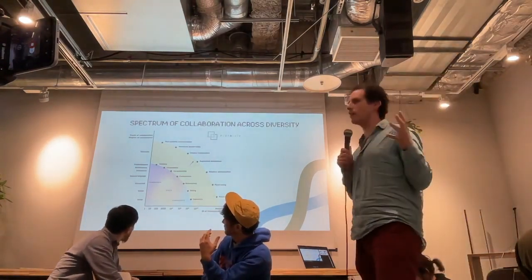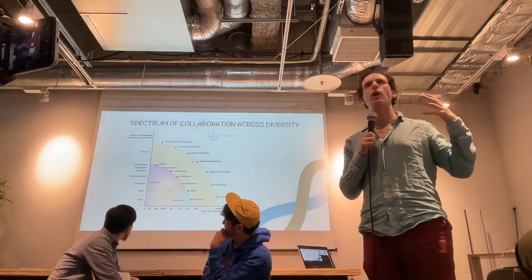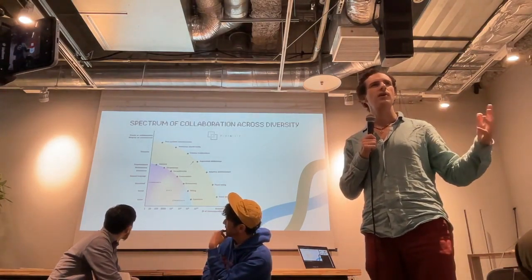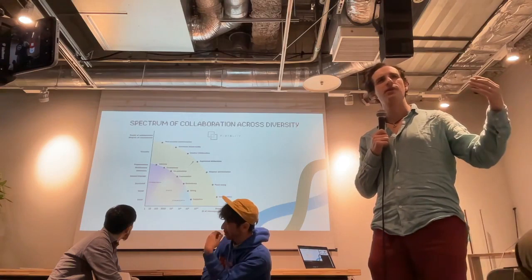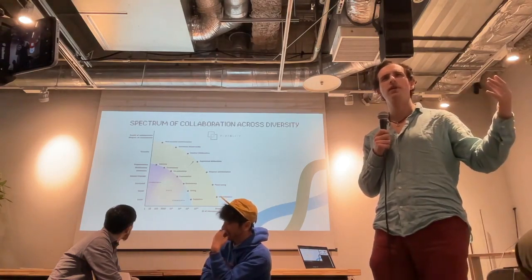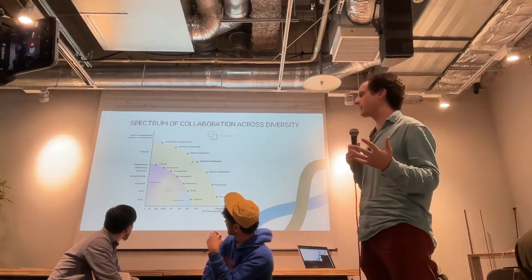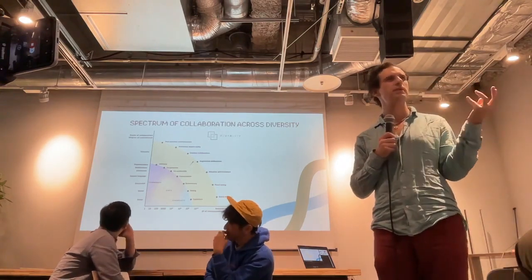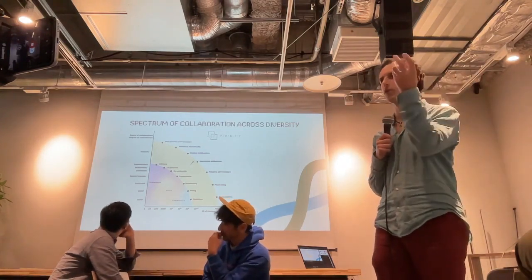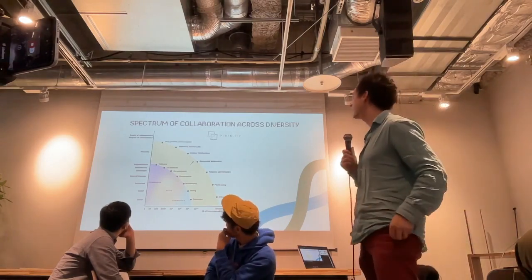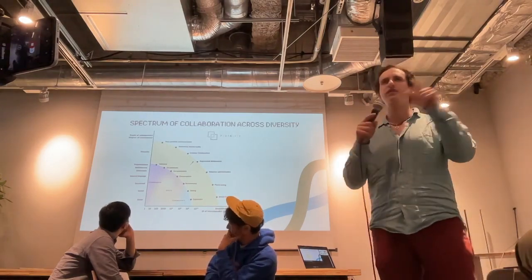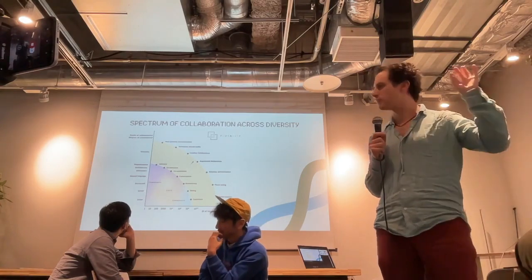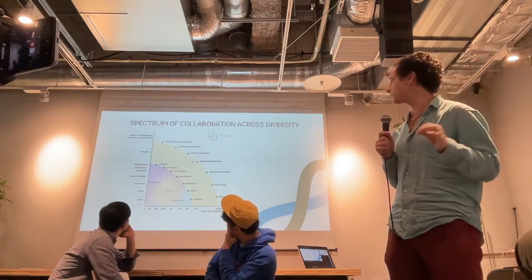So there's a trade-off inherent in cooperation across difference. Because the deeper you cooperate with someone, the fewer people that can reach, right? You have the richest, deepest connections with people who are most similar to you, or at least a small number of people. And on the other hand, the things that reach the most people are the thinnest, the most basic forms of cooperation.